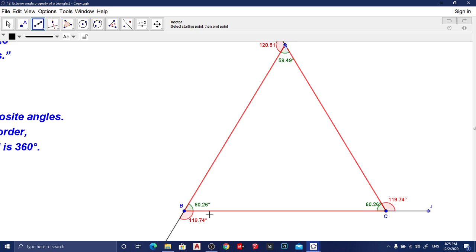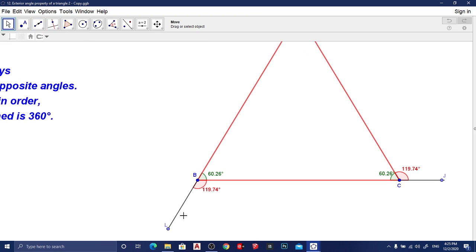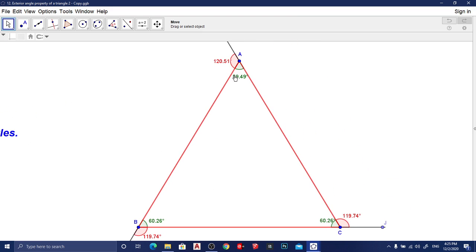If I extend this side somewhere here, this will form an exterior angle here also. This exterior angle is equivalent to the sum of these two opposite interior angles, because if you are seeing from here, this is the exterior angle.